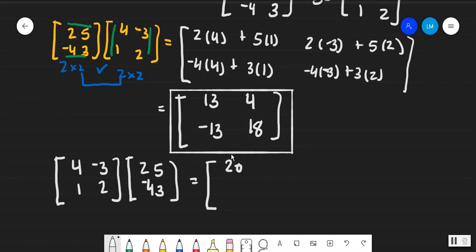And then you're going to get 20 minus 6, or no, wait, 20 minus 9, which is 11. Then you're going to get 2 minus 8, which is -6.